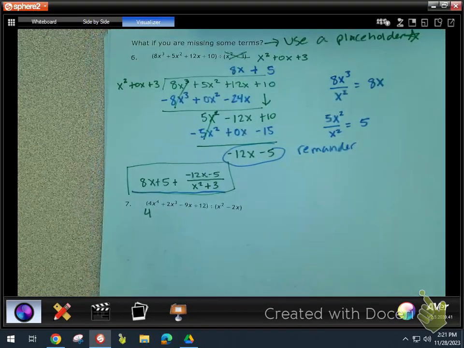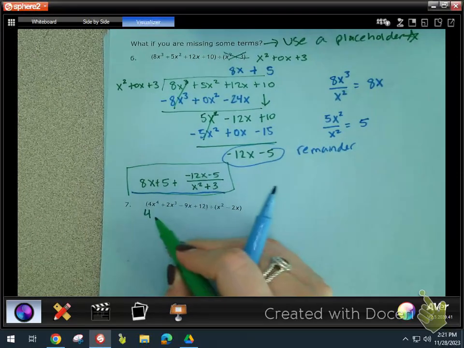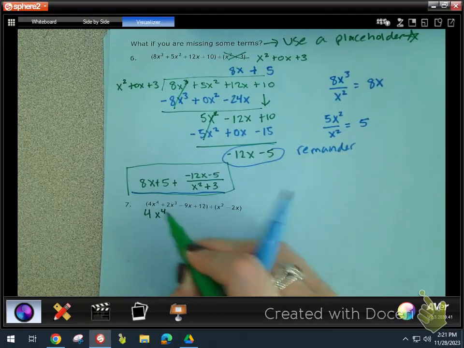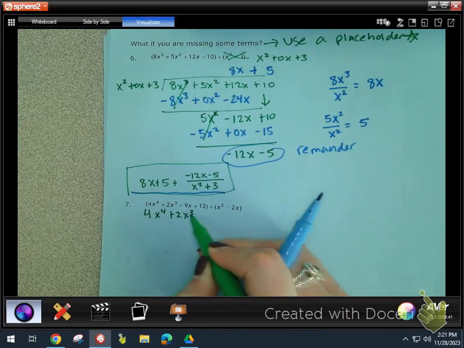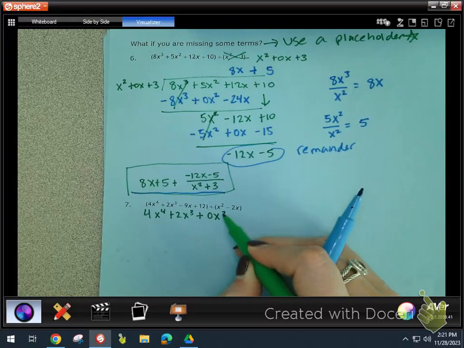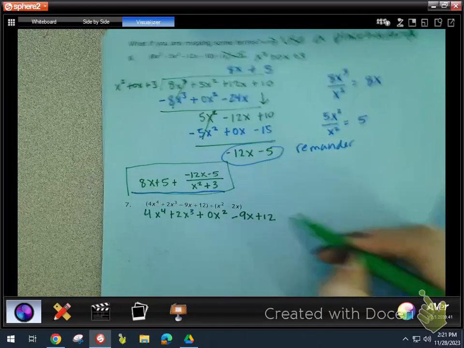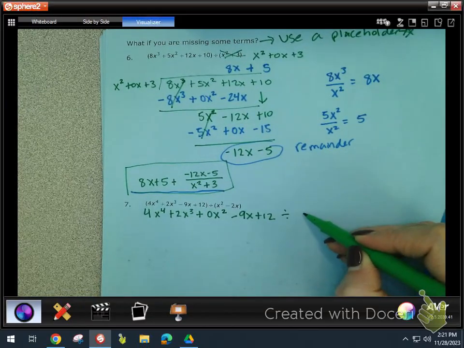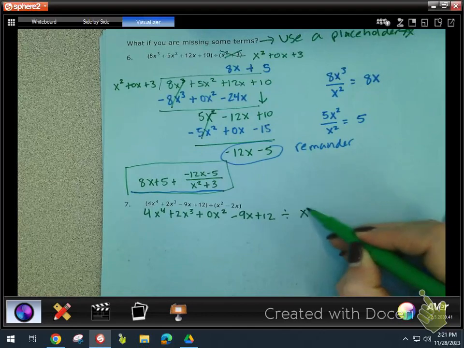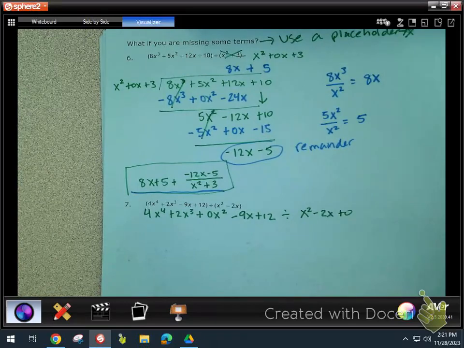So, what is number 7? 4x to the 4th plus 2x to the 3rd, what? 0x squared. 0x squared minus 9x plus 12 divided by, what's the divisor? X squared minus 2x plus 0. Oh, there. Okay?